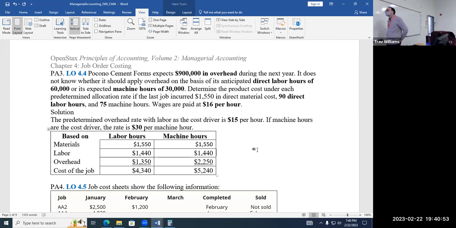So maybe that's the right answer. Again, the question is, which one is a better representation of their overhead costs for the job? If this job uses a lot of machine hours, it would make sense, it would have high overhead associated with machine hours.